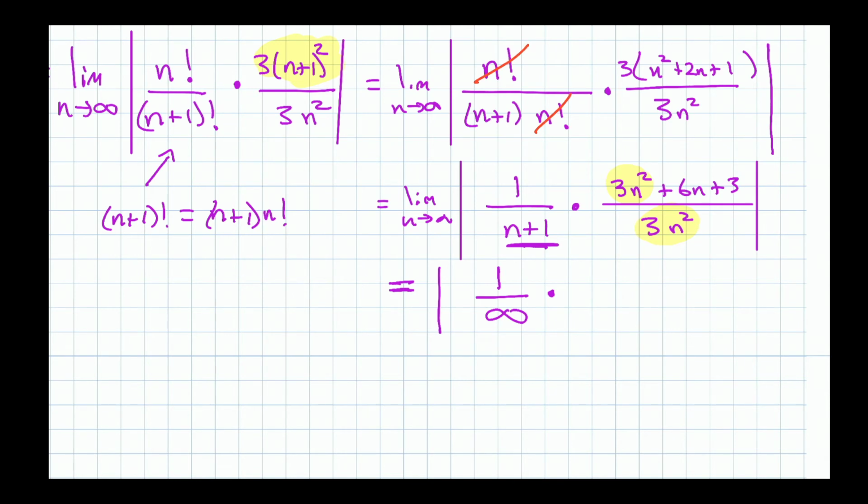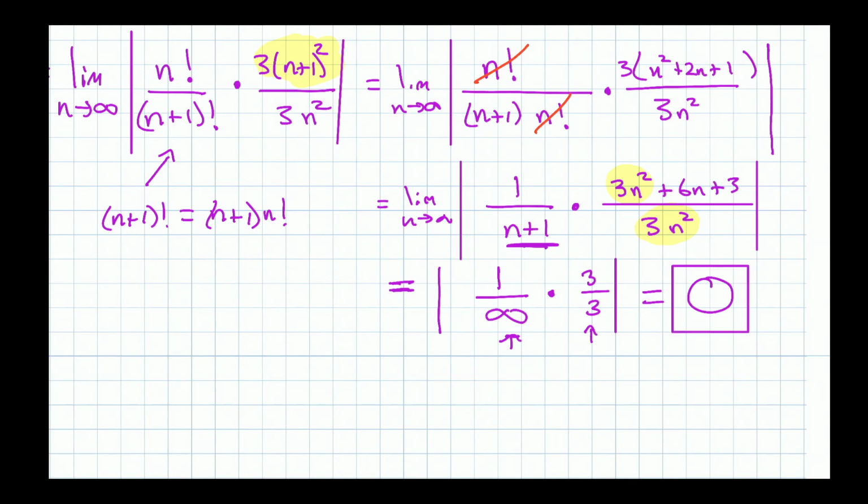They're both n squared, which means we're in the case where you're going to take the ratio of the leading coefficients, which is 3 over 3, which is 1. So then this is 0 times 1, which is 0.